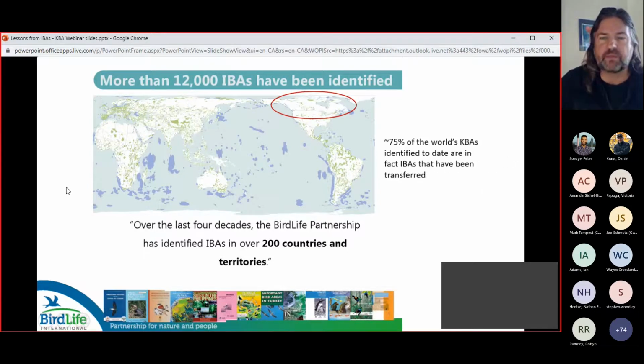If you go on the world database of KBAs as it stands now, you'll notice that upwards of 75% of the world's KBAs that have been identified so far are in fact IBAs that have been transferred over into this new system. So it's really forming a core element of this new KBA system.